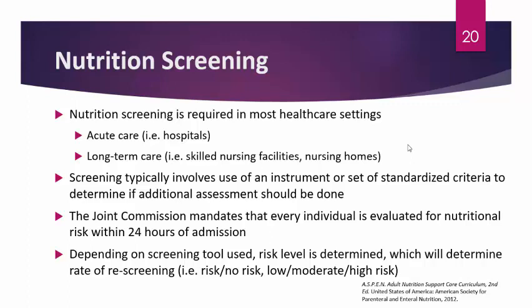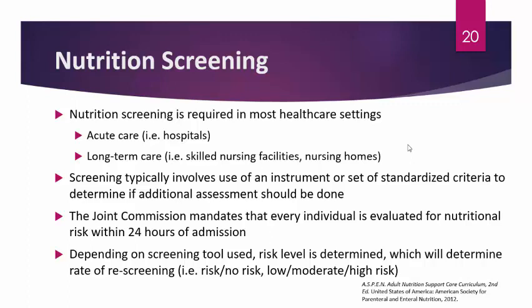They may also score these as 1, 2, 3, 3 being the highest risk and 1 being the lowest risk. There's a variety of different things that they can do in terms of screening. A lot of times, in terms of nutrition screening, if your facility has dietitians available, they are the ones that are doing the nutrition screening.